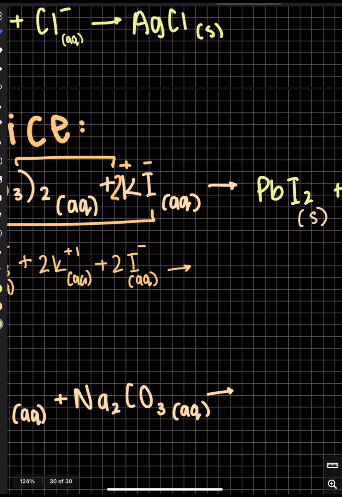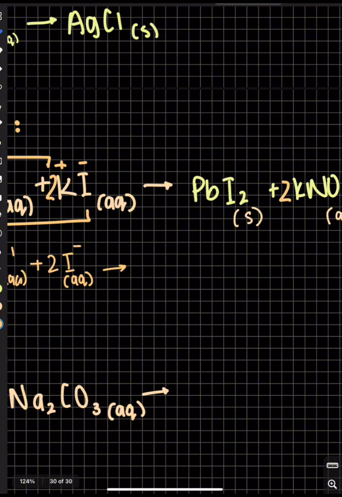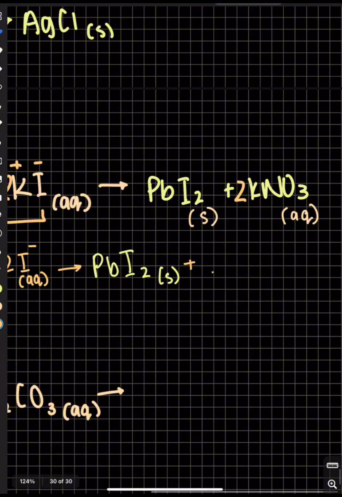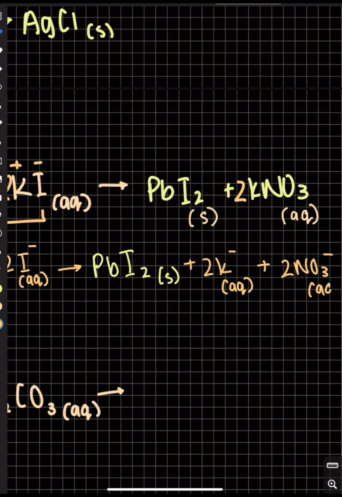Then create, and lead iodide does not get broken down because it is a solid. So I leave it as PbI2(s), plus 2 K+ aqueous plus 2 NO3 negative aqueous.